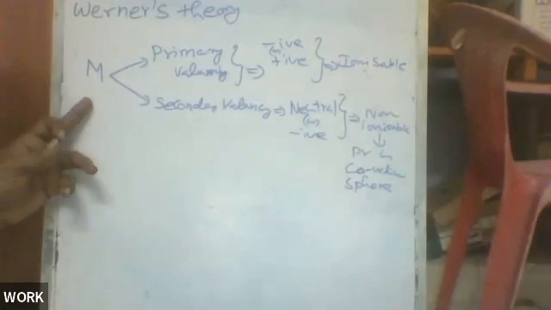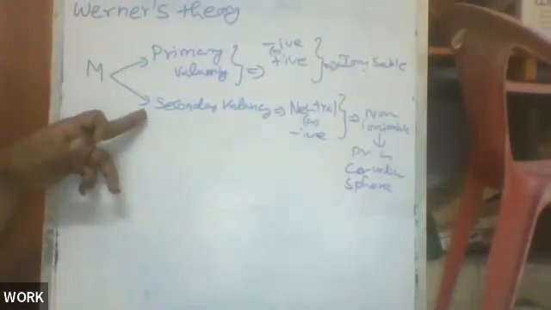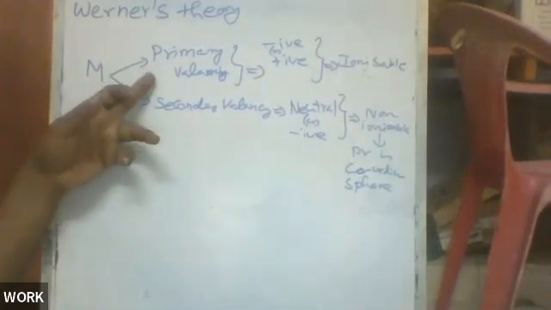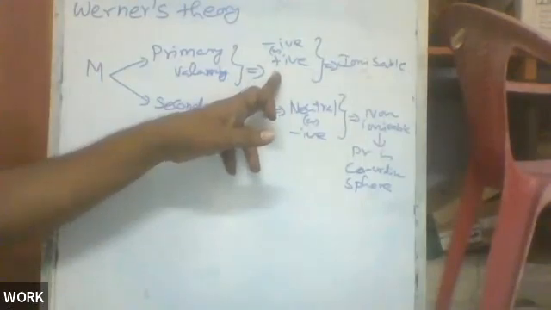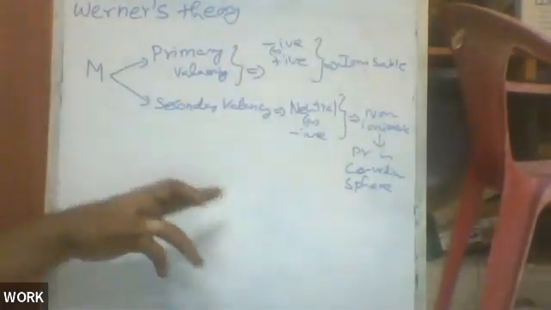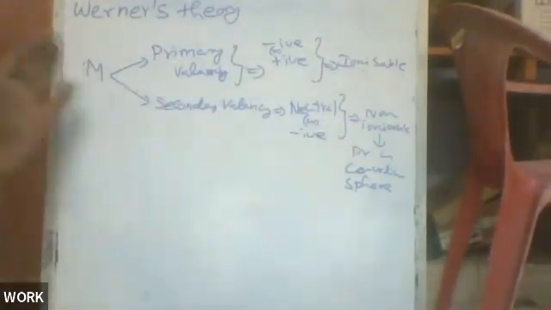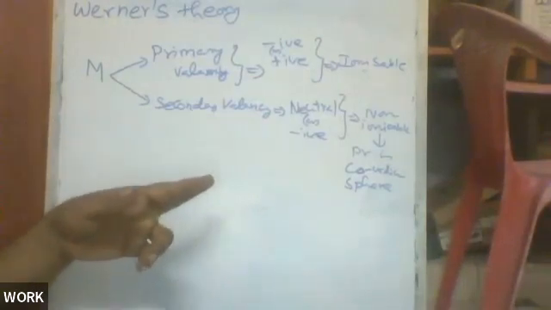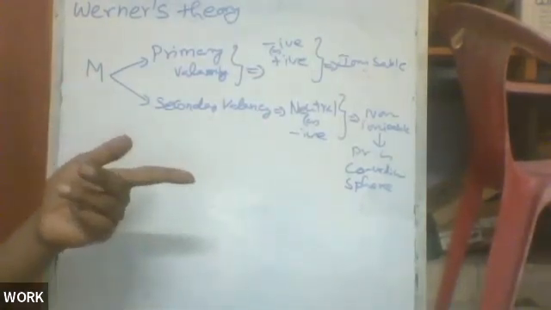Okay, so the metal has two types of linkage, one is primary valency or primary linkage, another one is secondary valency or secondary linkage. The primary valency is always satisfied by negative or positive ions, so it will be ionizable. When you are testing, you will get the answer for that. The secondary valency is generally neutral or negatively charged molecules. They are non-ionizable and will be present in the coordination sphere.